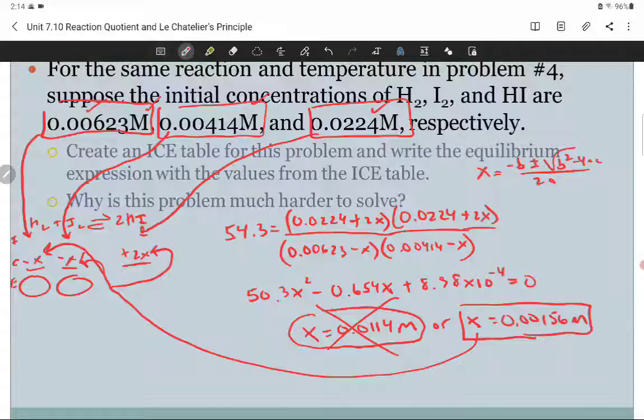The second question here says, why is this problem much harder to solve? I think it just became evident why. It's the quadratic. If you start going into the quadratic on any question for the test or for the AP exam, you've missed some sort of mathematical cue to get you away from the quadratic.